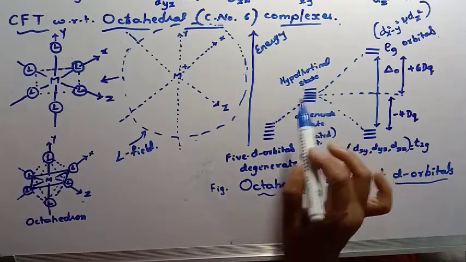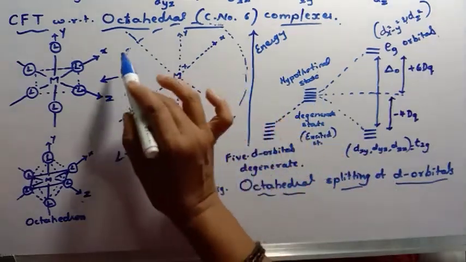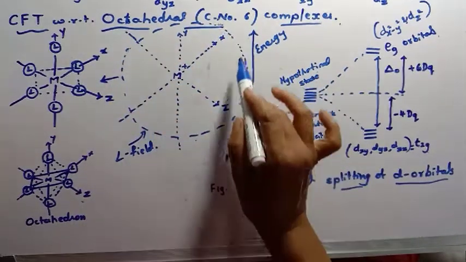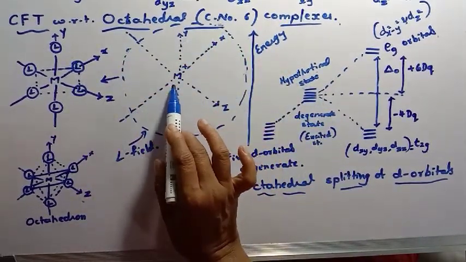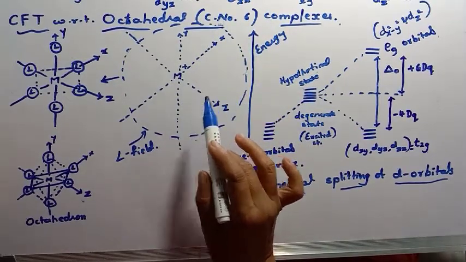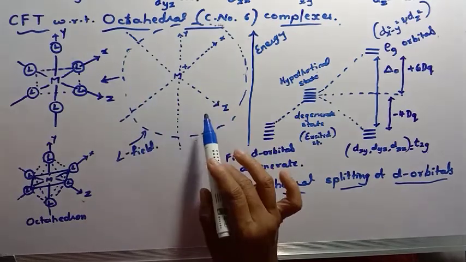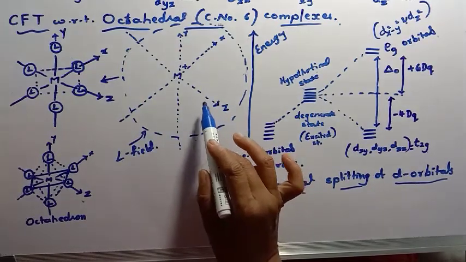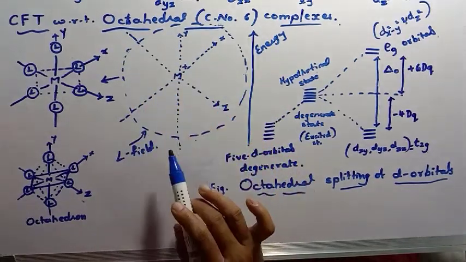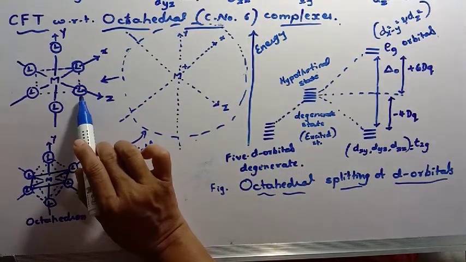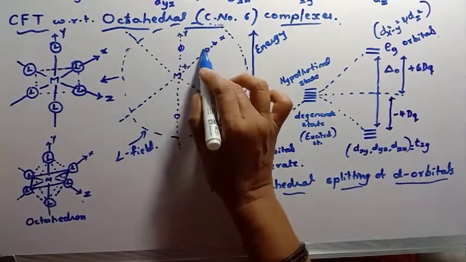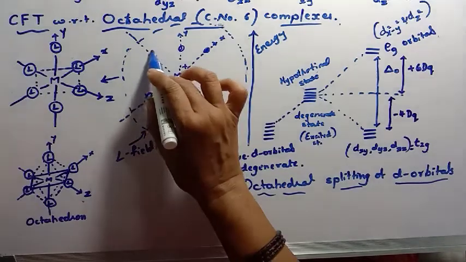Now further imagine this field is no more spherically symmetrical around the central metal ion. The ligands are approaching the metal ion and concentrating at particular positions around it. Imagine one is concentrating here, one here, and then the third, fourth, fifth and sixth.